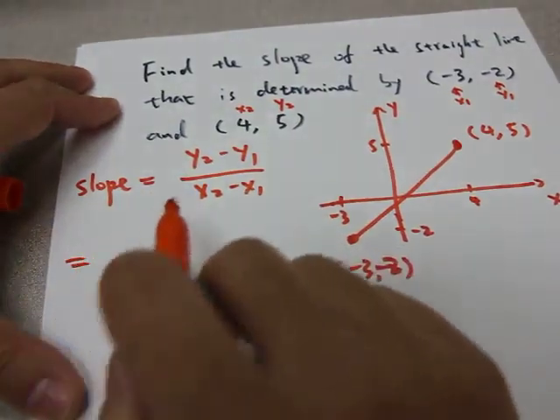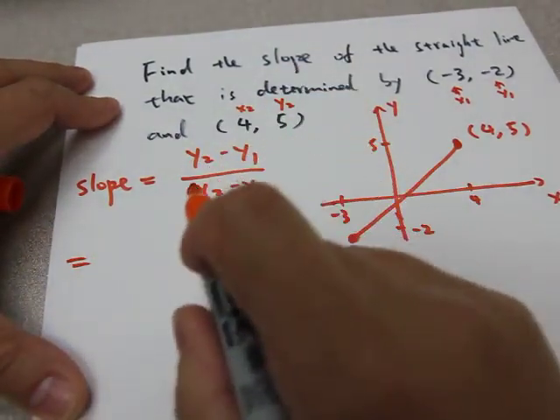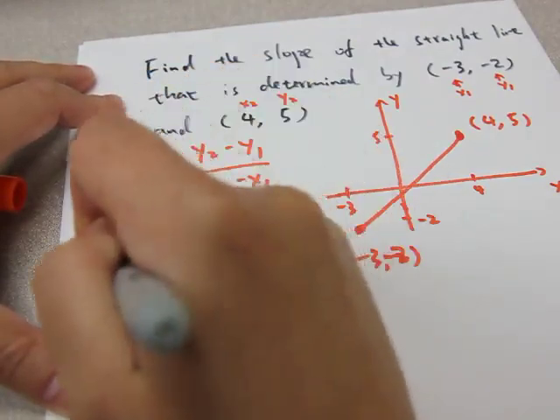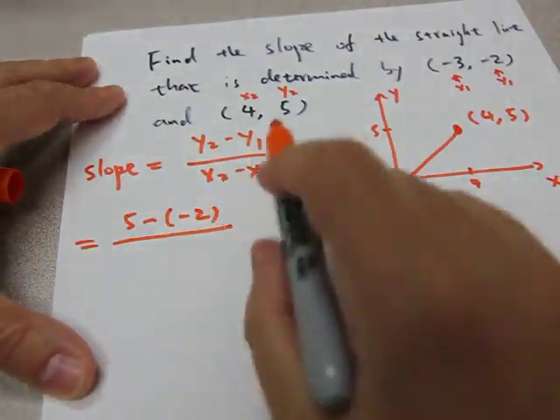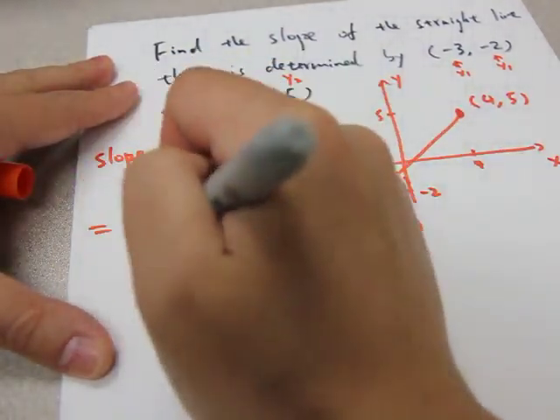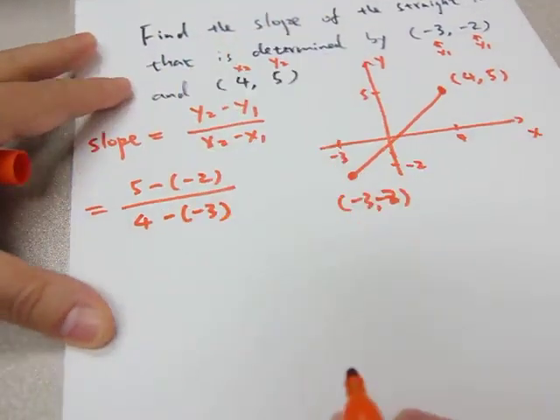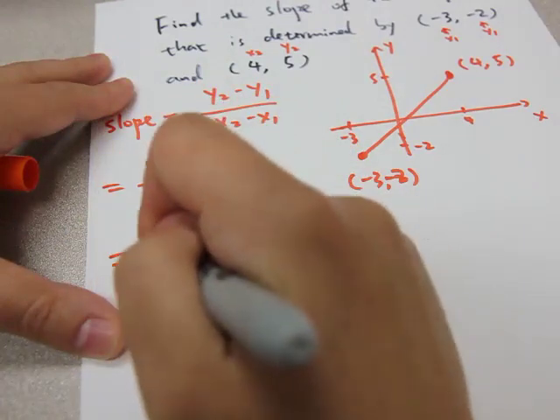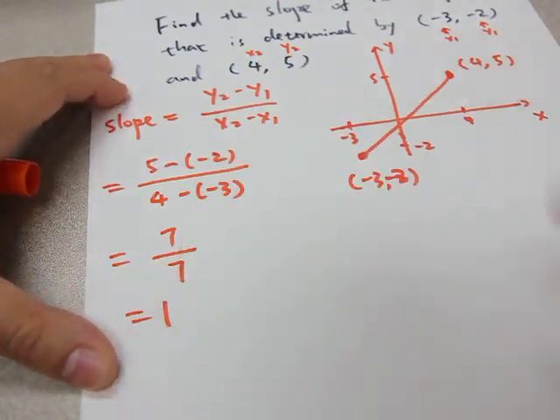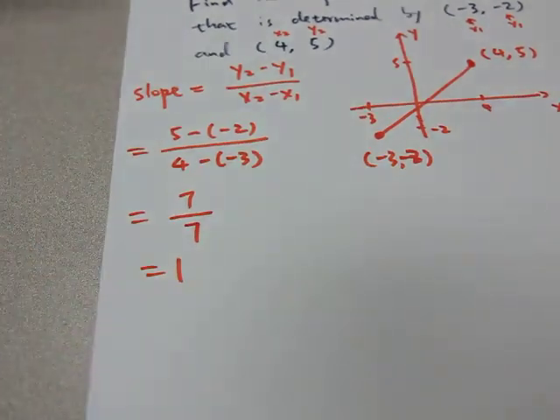Now if I compute y2 minus y1, that will be 5 minus -2, over x2 minus x1, that is 4 minus -3. So this is 7 over 7. So the slope is 1.